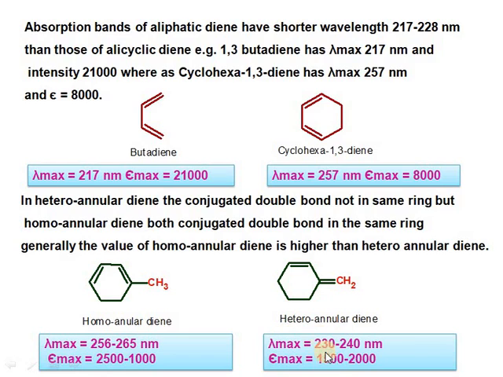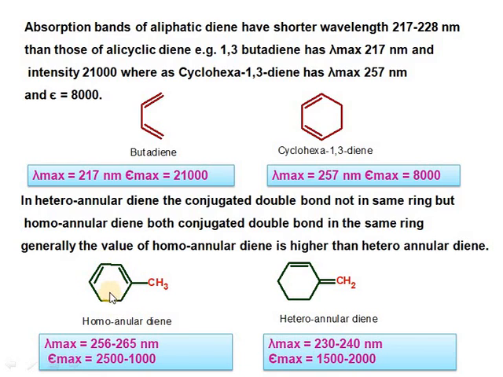And for heteroannular dienes, the value is still lower, 230 to 240 nanometers. But in the homoannular case there is extended conjugation, because the carbon-carbon double bonds in the ring are conjugated with each other.